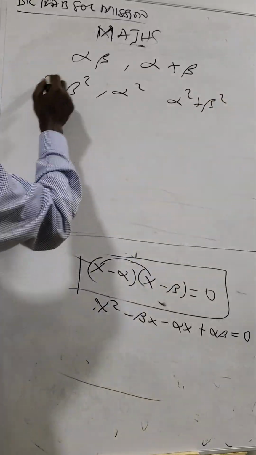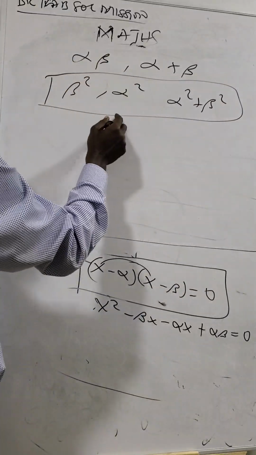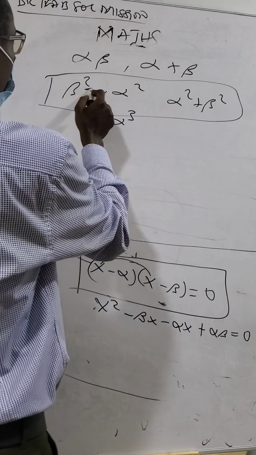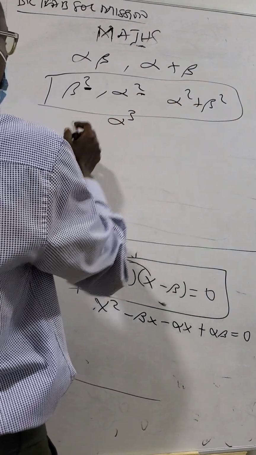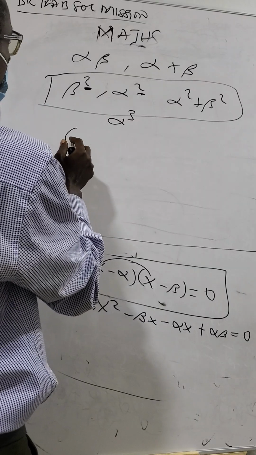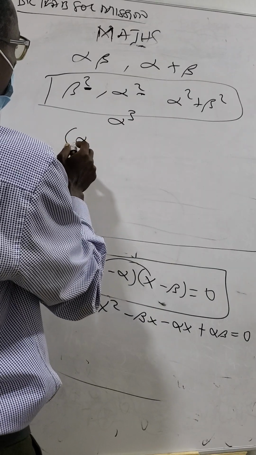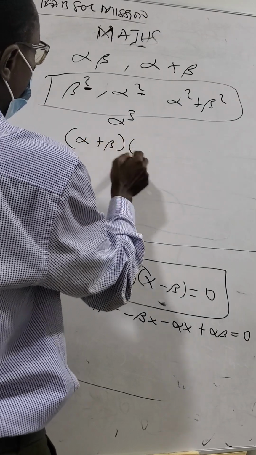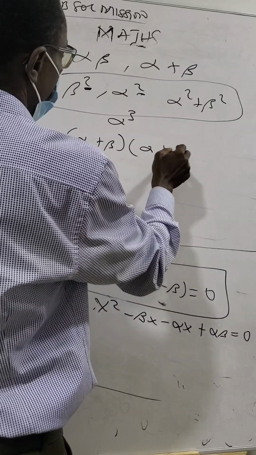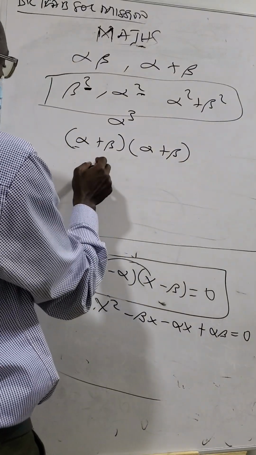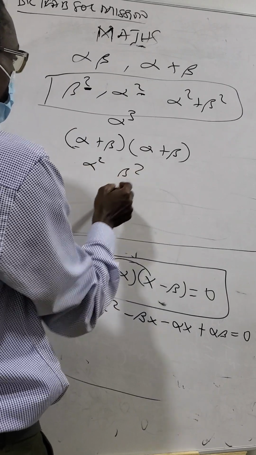So you see these kinds of equations coming up, or sometimes alpha to the power 3. All you need to do is to look at the question very well. If they are having powers of 2, then the only time you have powers of 2 is, let's say, when you have an alpha, beta kind of product. This will end up giving you some alpha to the power 2 and then beta to the power 2.